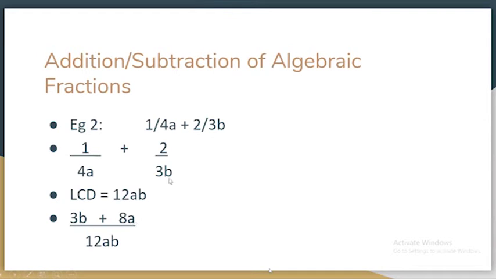For the next one, 3B into 12AB. Once again, 3 into 12 is 4. The B's will cancel. So we are left with 4A. The numerator is 2. Don't forget to multiply the 4A by 2 to get our 8A. Brilliant, brilliant.